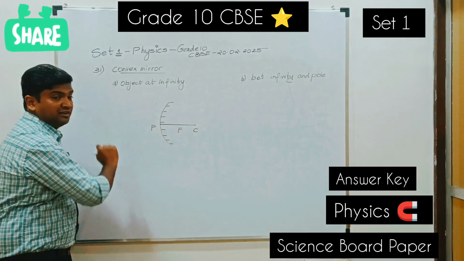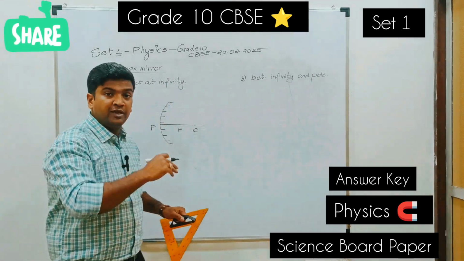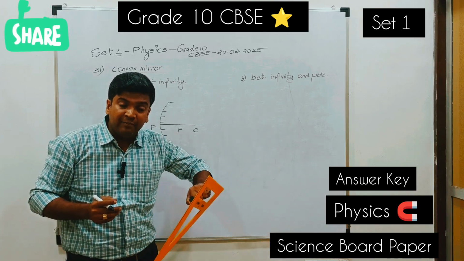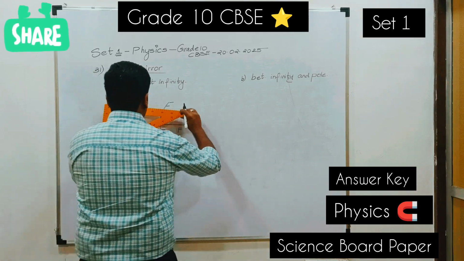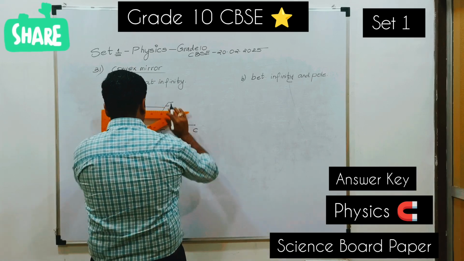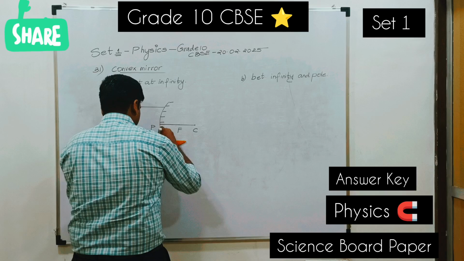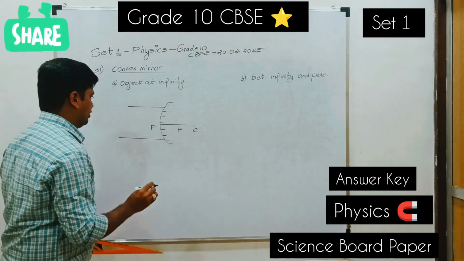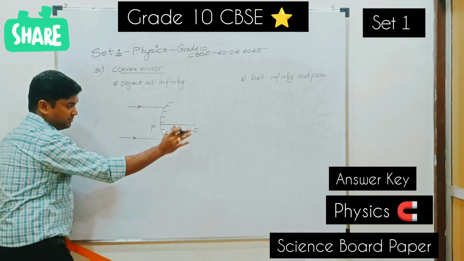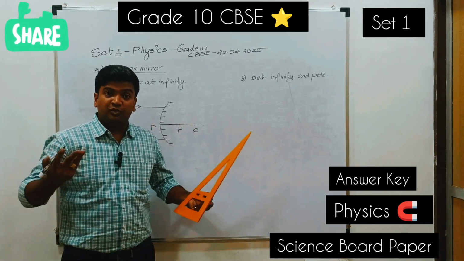Now, where is the object? At infinity. So I need not draw the object. I'll just assume the rays of light are coming from the object, parallel to the principal axis of the mirror. So I got two rays of light coming from the object at infinity, brought parallel to the principal axis. You all know it's a convex mirror, so they have to diverge.